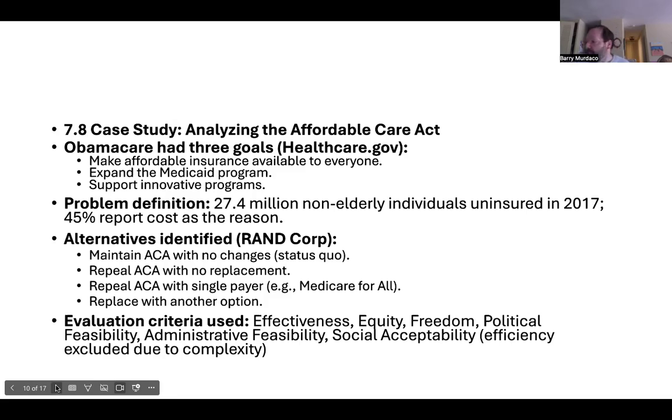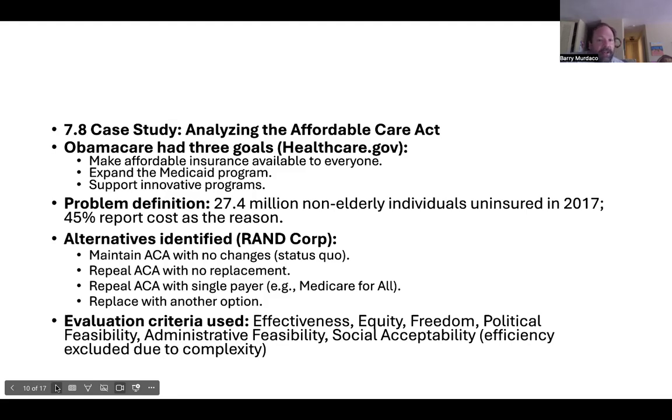I mean, that of course is a pretty massive failure. It's helped the profits of health insurance companies, but it hasn't necessarily made healthcare affordable for people. And of course, even people that have health insurance, large numbers of them would also report high costs, and it's still a very big strain on their budget as well.